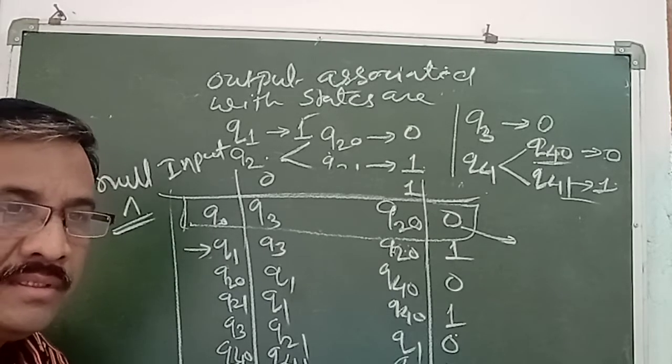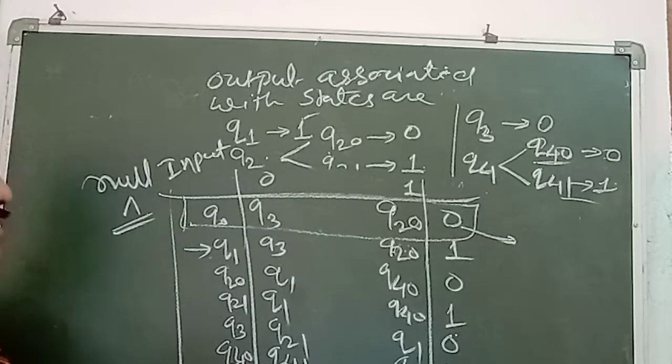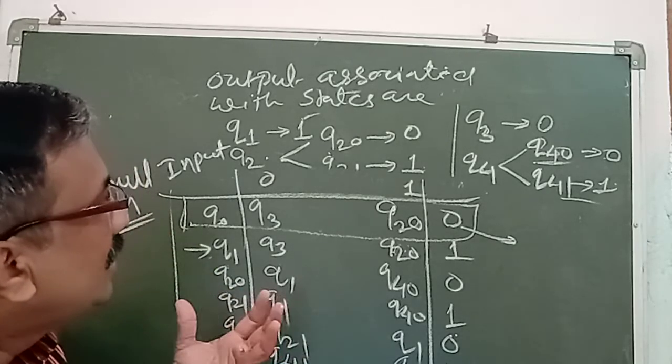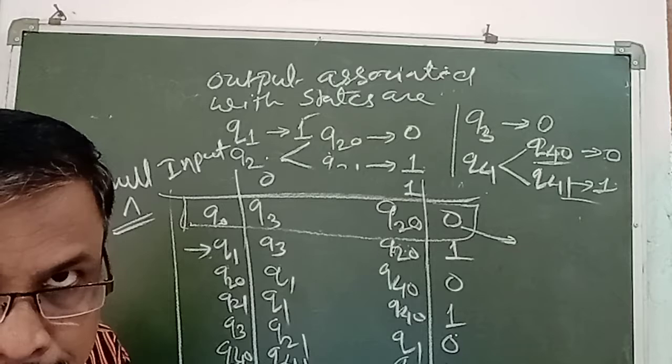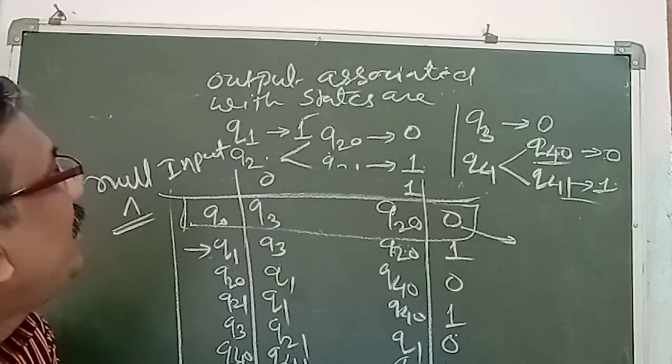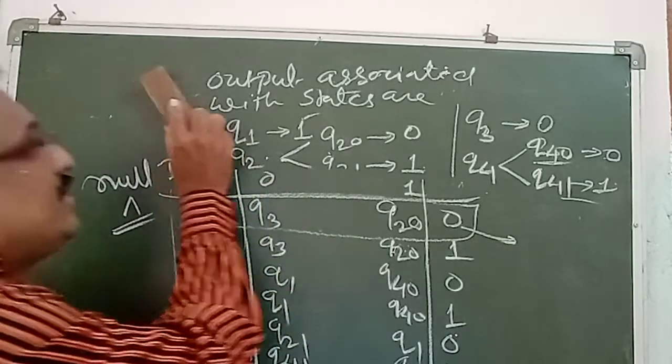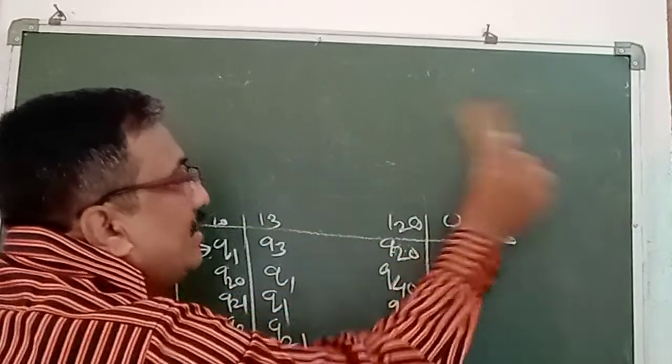Next construction, just reverse. If we have a Mealy machine, we can convert it into equivalent Moore machine. The transformation is very easy.